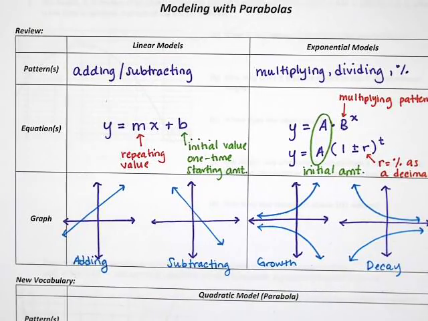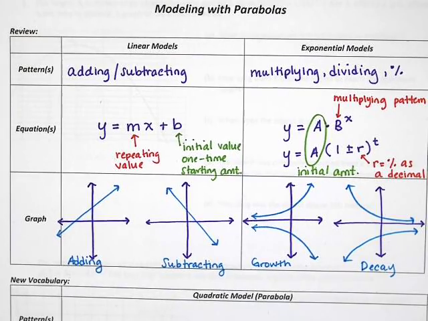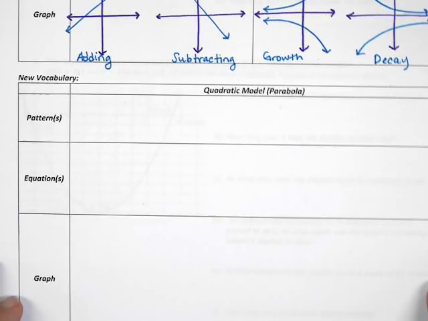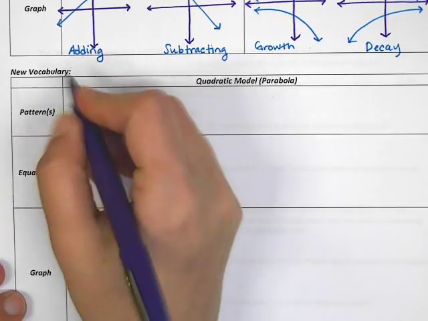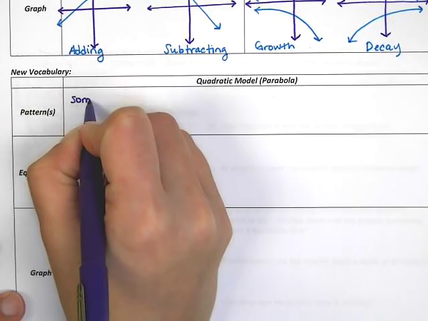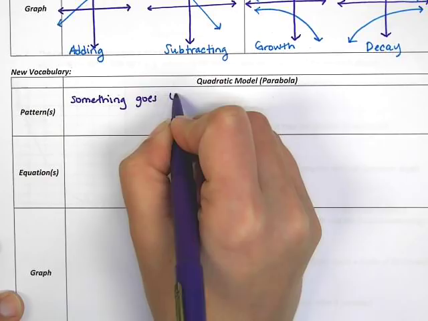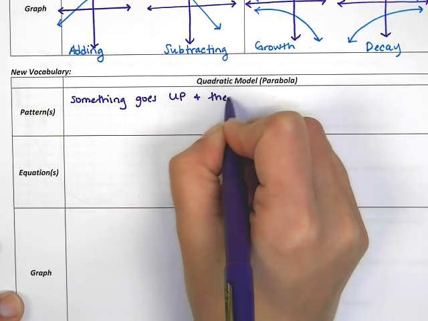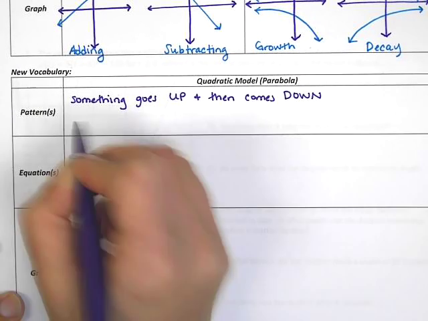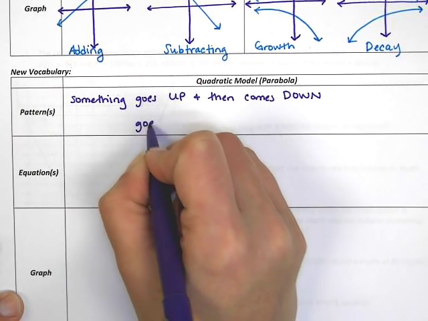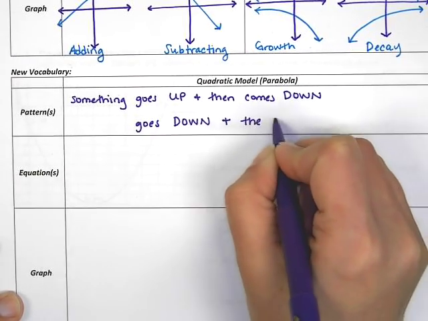Either one of those. So what are we going to be learning about in this chapter, now that we've kind of reviewed that part? We are going to be learning about quadratic models, or graphs that look like parabolas. The pattern you're going to look for is that something in the problem goes up and then comes down, or goes down and then comes back up.